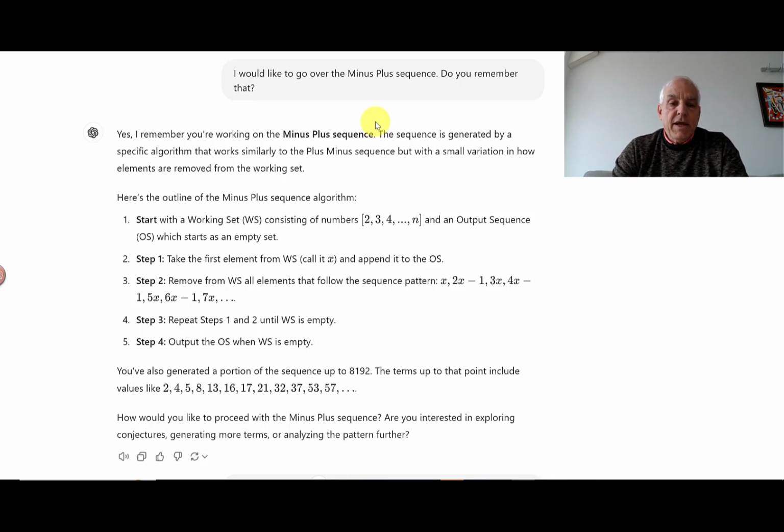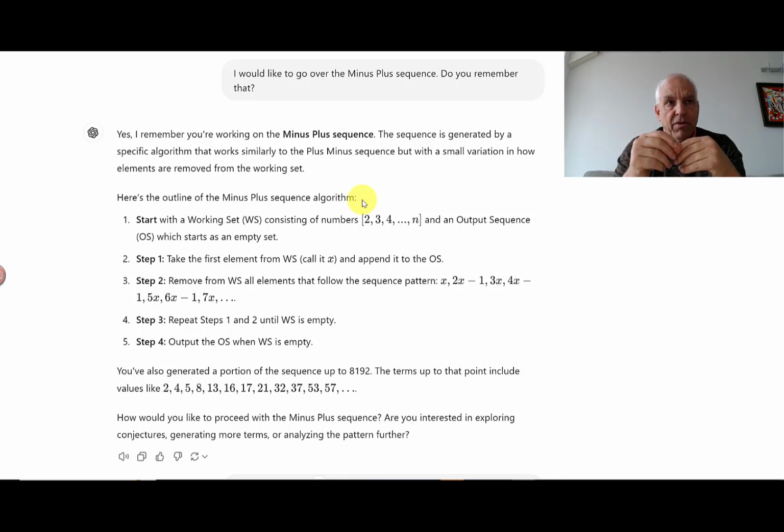Okay, so let's continue. Here's the outline of the minus plus sequence algorithm. So I want you to appreciate that this is not just a single conversation. This is the result of several conversations that I've had, and I've tried to explain to it what I wanted to do, and that's taken a little bit of back and forth. So there were some false starts, etc., and it's really important to not trust too quickly, to check, to monitor, to have double checks to make sure that the machine is with you.